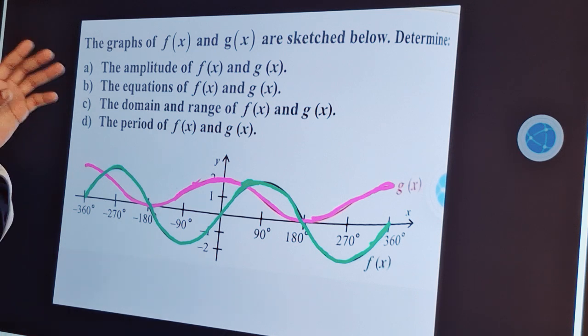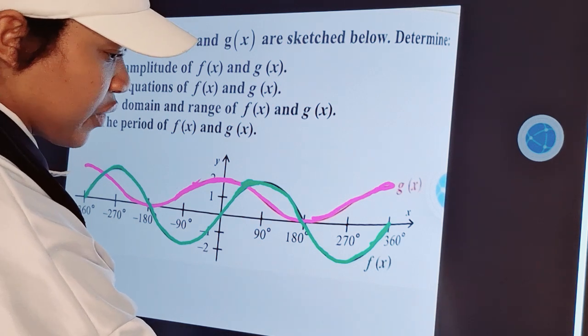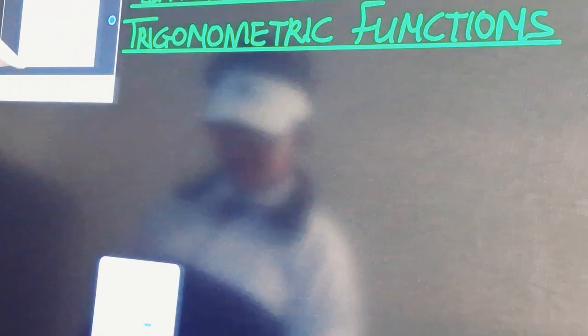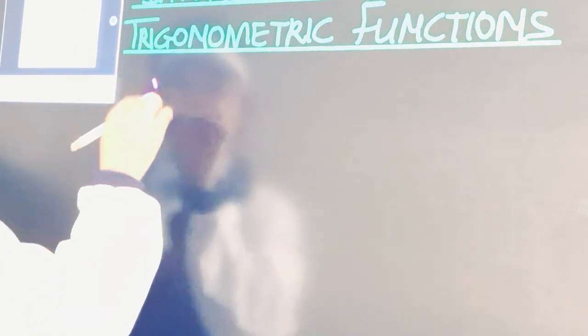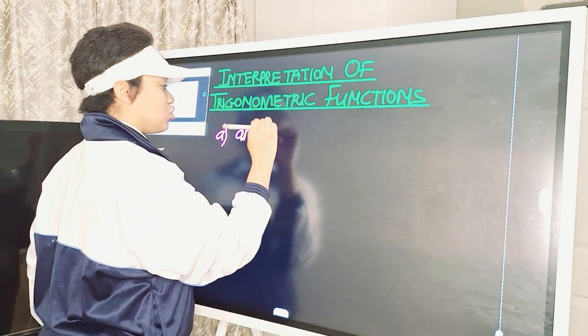To determine the amplitude, we're not really going to be using the cosine and the sine distinction much. For amplitude, we just look at the maximum point and the lowest point, then divide by 2. Let me write down the formula.